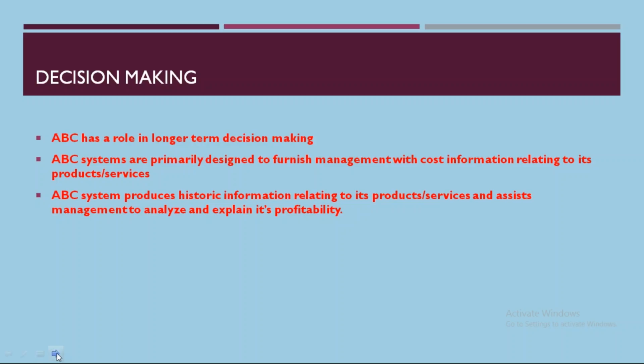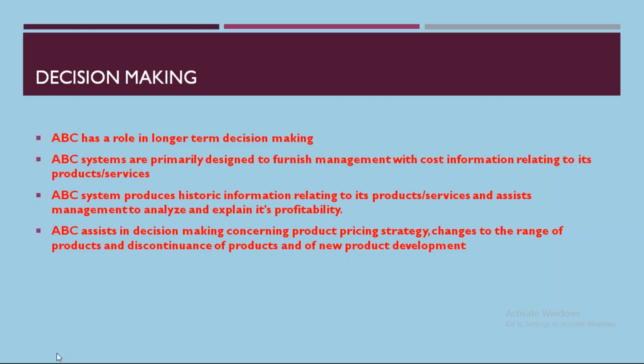Remember, I told you ABC is very costly, but now you can see ABC can be very useful to provide information. So product pricing strategy: should we have a range of products or should we discontinue products? And should we go for new product development or continue with the old products? All that. I was working in a company where we were importing and selling about 200 products.